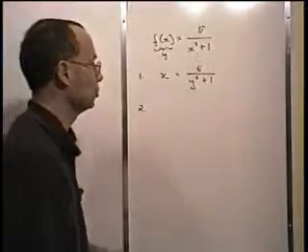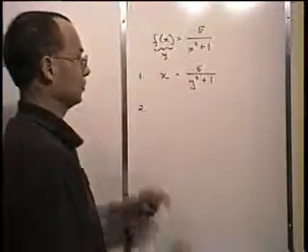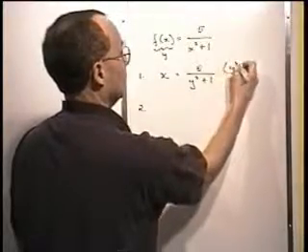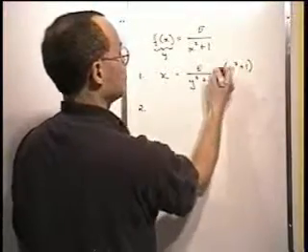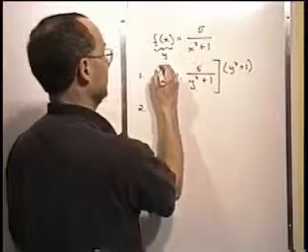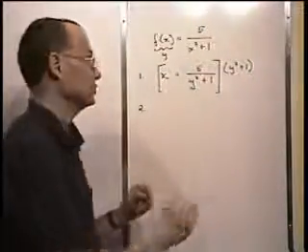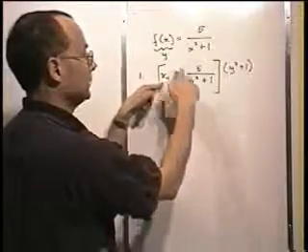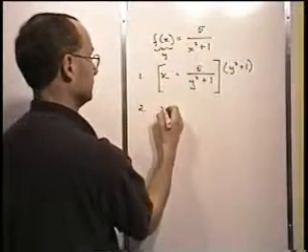So I think what I'm going to do is I'm going to multiply both sides by y squared plus 1. So I'm just going to multiply everything by that, just to get rid of the fractions. So on the left side, I'm going to have x times this stuff.